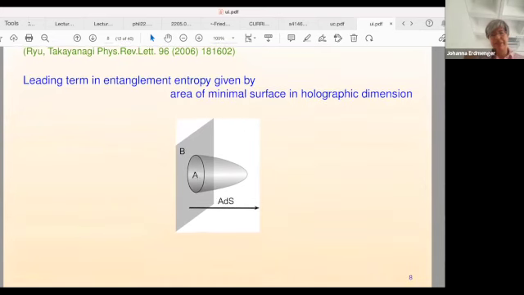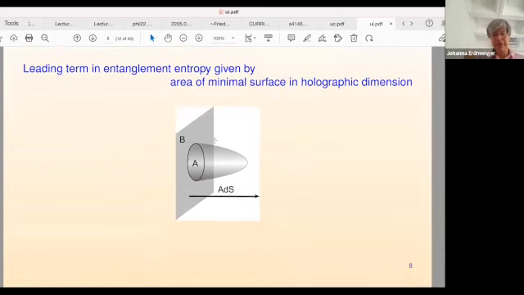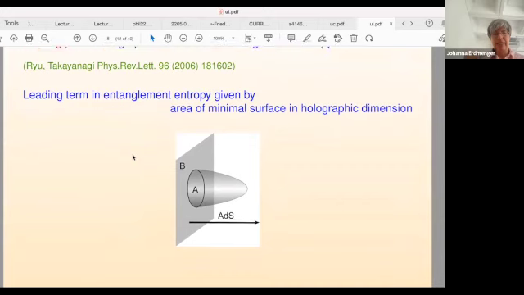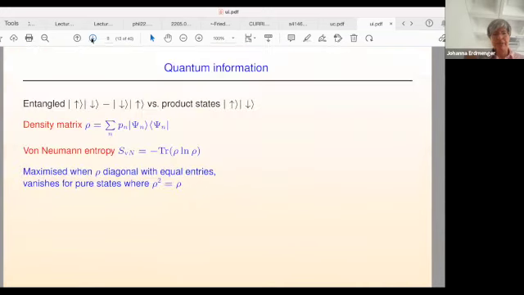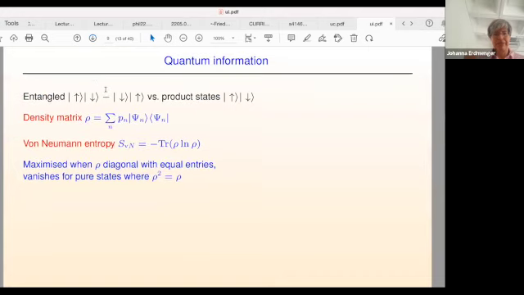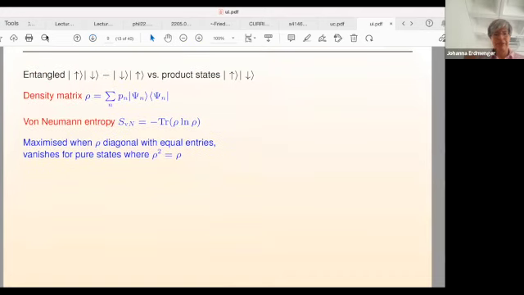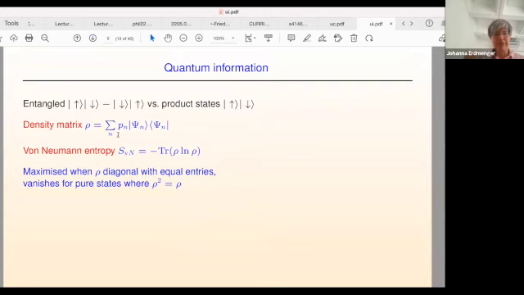This means if I have regions A and B separated by this circle, then the entanglement entropy between these two regions is given by the area of this surface here. That's the proposal. And although it's a conjecture, there are some very good reasons that explain why this works.